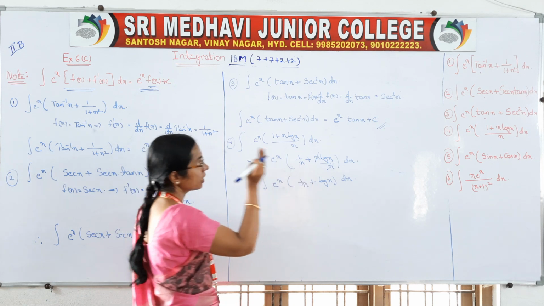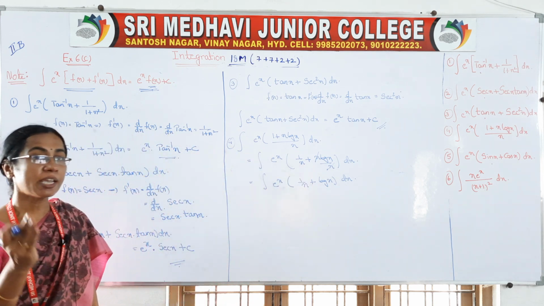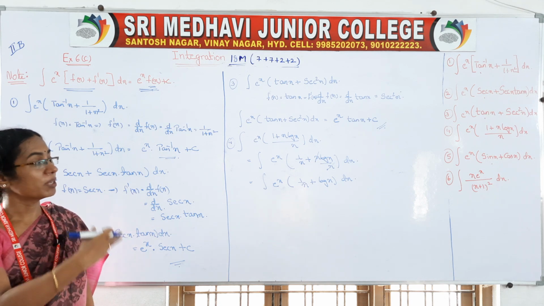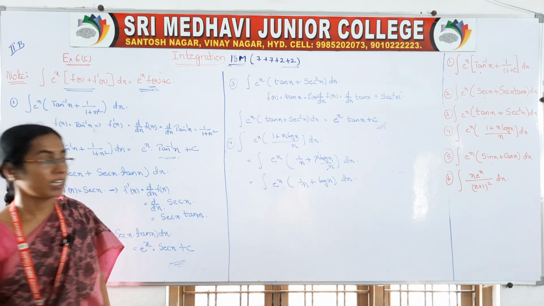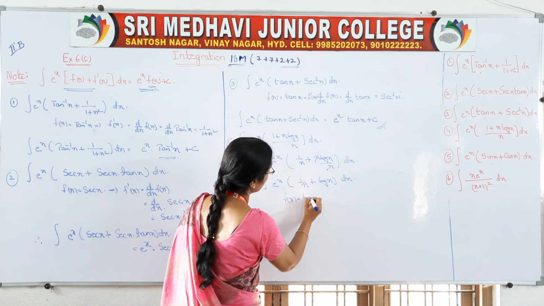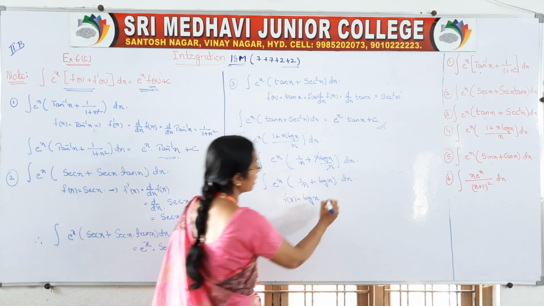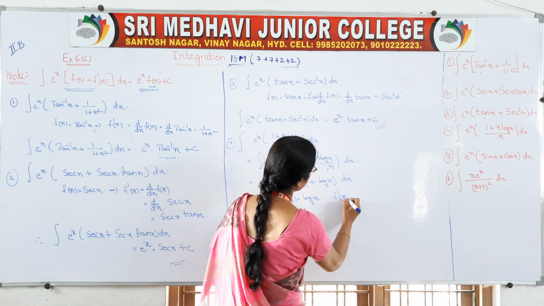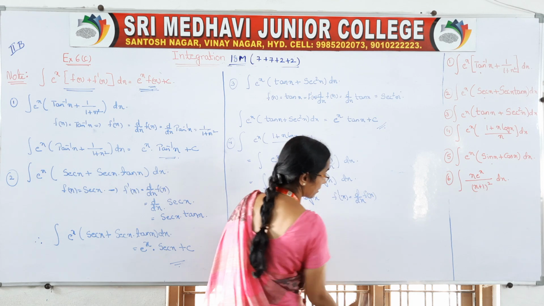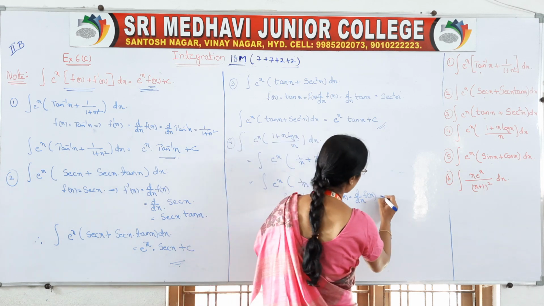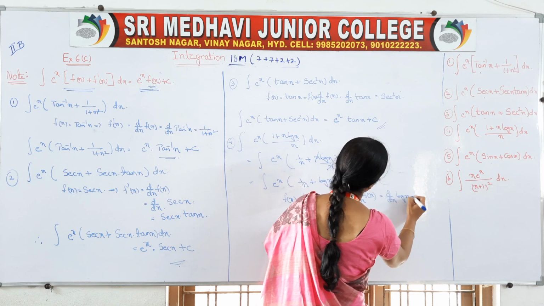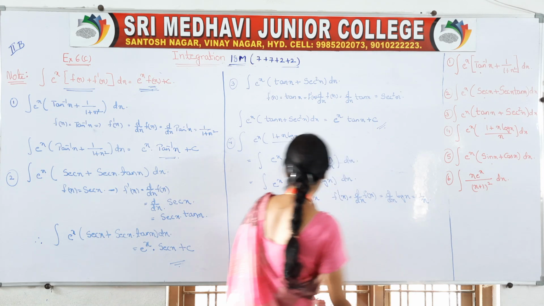See, generally sometimes the first value will be f(x), but sometimes the second value also will be f(x). Plus makes no difference. So you take your f(x) is equal to log x. Then f'(x) is equal to d/dx of f(x), which is d/dx of log x, equal to 1/x.